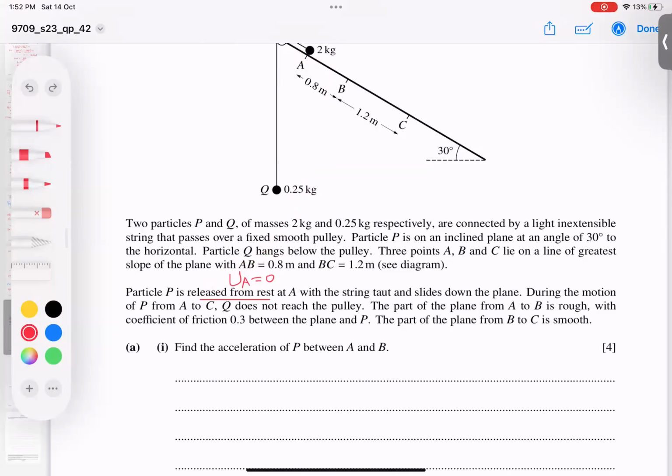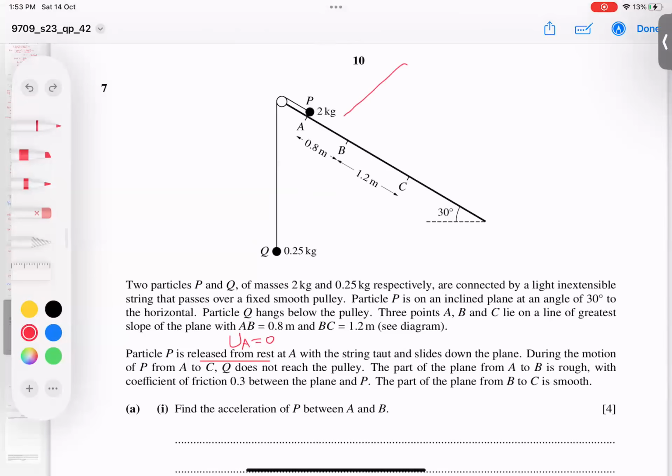The string is taut and P slides down during the motion A to C. Q does not reach the pulley. It will come down, so it will not hit the pulley. And the part of A to B is rough. So A to B rough means friction has some value, not equal to 0, and the coefficient of friction is given by him as 0.3.